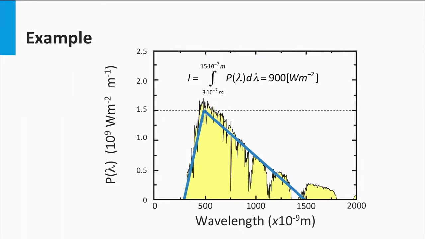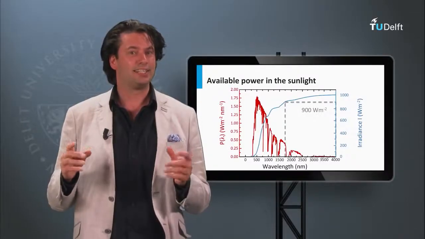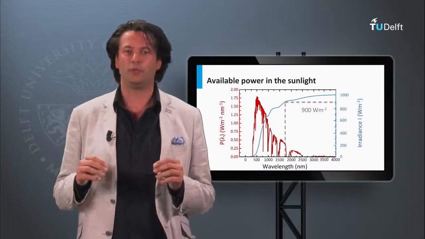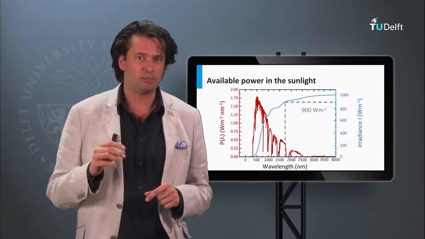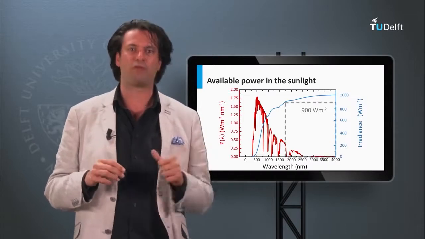As discussed in week 1, the area under this triangular shaped spectrum represents the irradiance, which for this case is 900 watts per square meter. This is an excellent agreement with the real value for the irradiance up to 1500 nanometers, determined from the real AM1.5 spectrum.